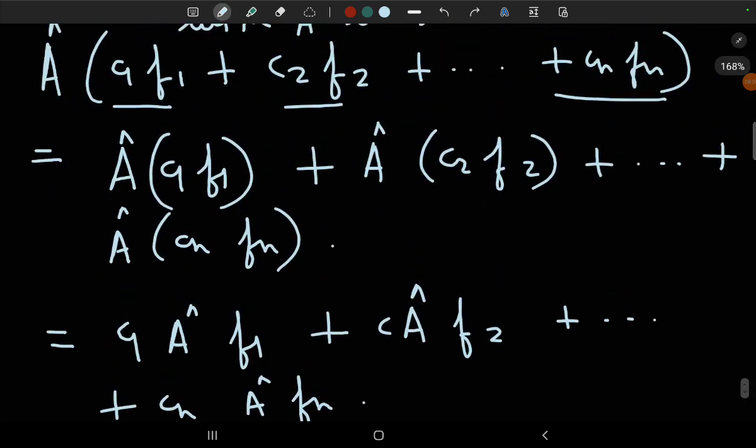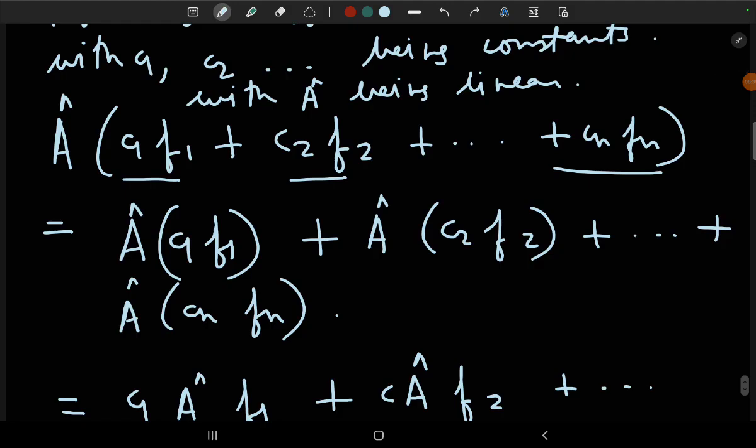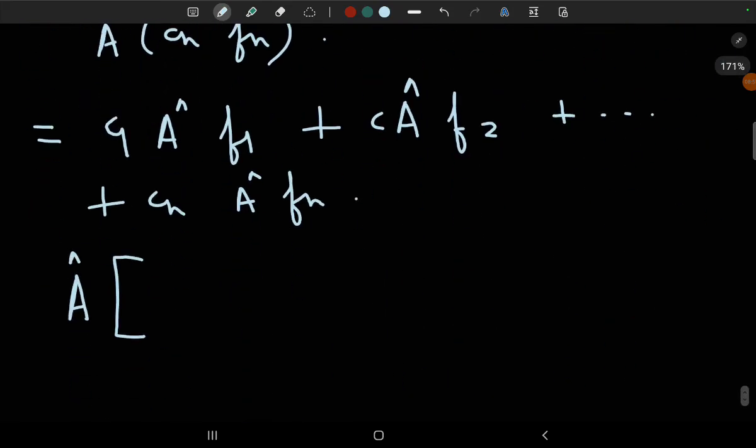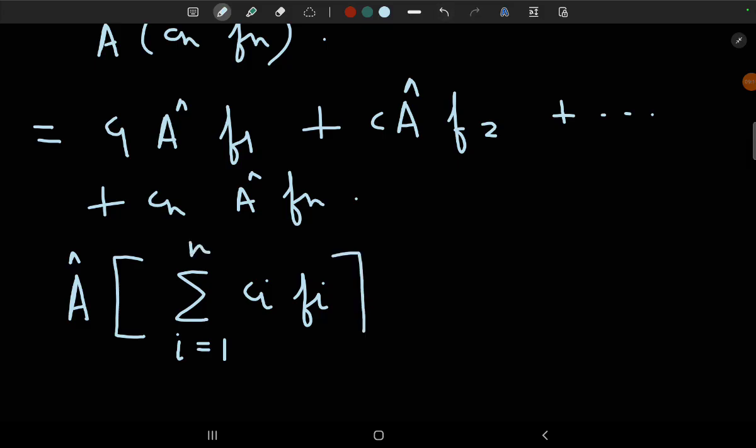What we have done is operate the linear operator A on a linear combination of functions f1, f2, f3 until fn. By notation, this is a summation of ci fi, with i going from 1 to n, and A acting on this linear combination, which is also a function.